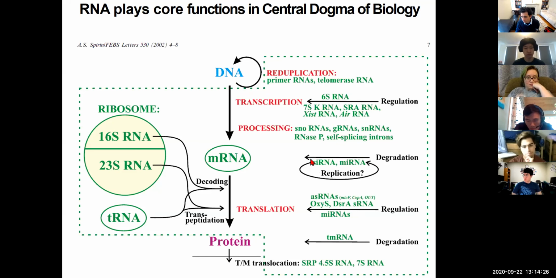There's microRNAs and small interfering RNAs that are involved in degradation by hybridizing to the mRNA and then leading to degradation. And of course, they're also involved in translation regulation. So basically, incorporation into Drosha and Dicer are leading to microRNAs playing all kinds of roles in regulating mRNA.